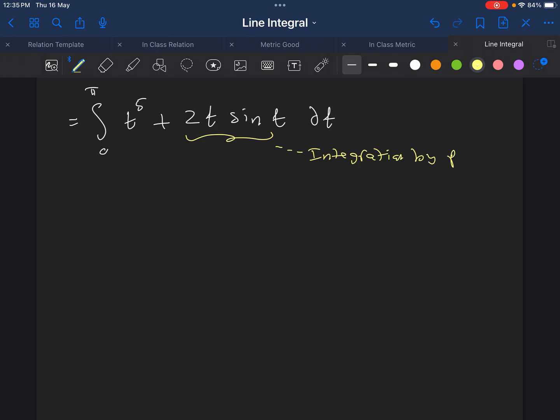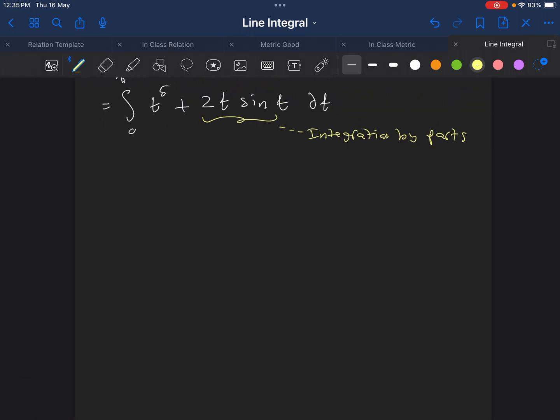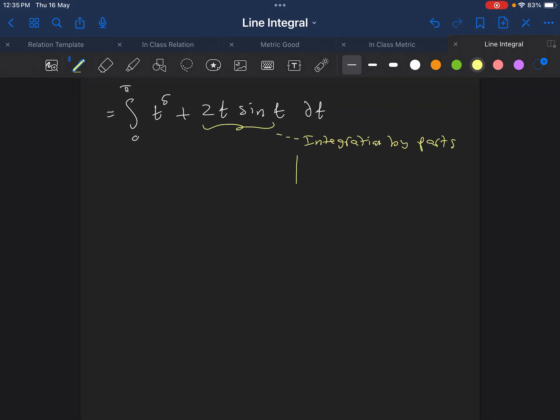This is integration by parts. It's a good time that we go ahead and evaluate this integral separately here somewhere in the page. So we'll do integration by parts as we did in calculus 2, and finally I will go ahead and write the final answer here. This integral should be from 0 to pi.